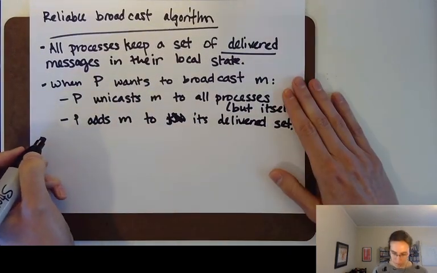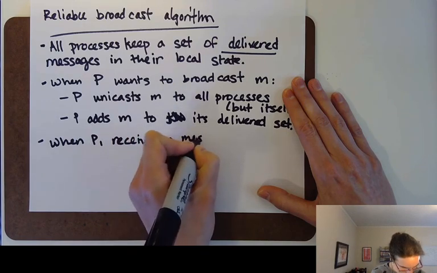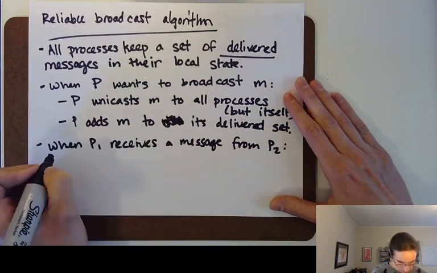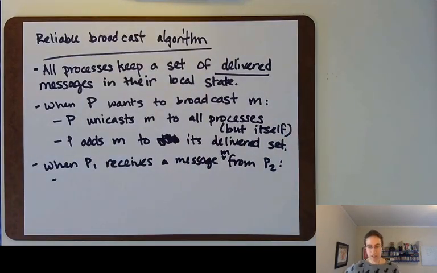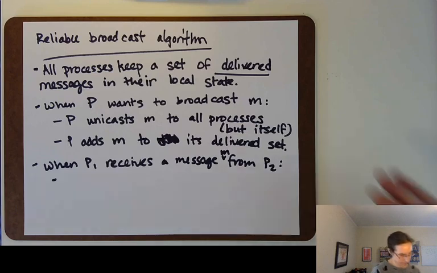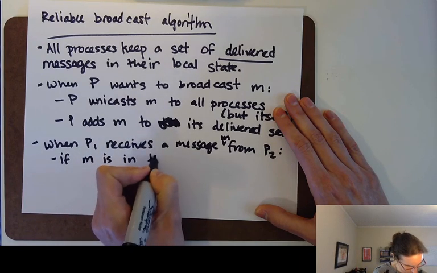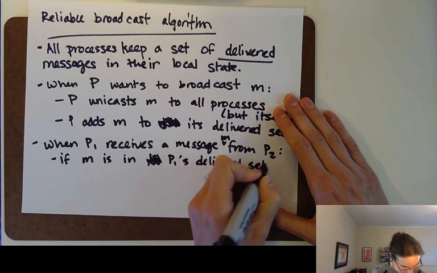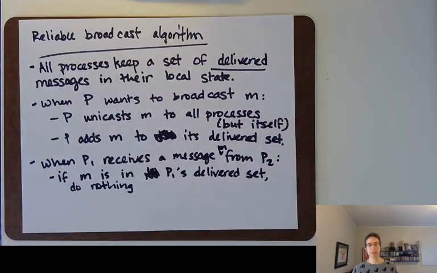And we say, when P1 receives a message from P2, let's call it M, so when you receive a message and that message M is in your delivered set, then you don't need to do anything, because that means you already know about the message.